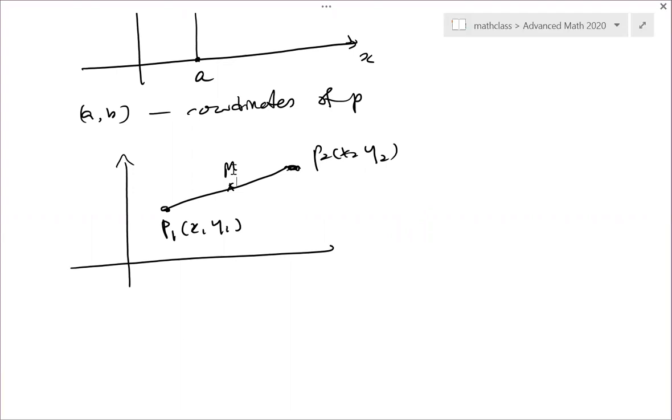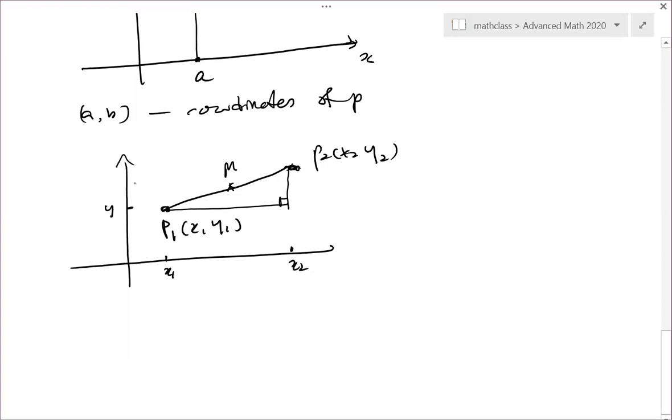How can we find the distance? Well, you have to express the distance between P1 and P2 in terms of the coordinates. So the idea is very simple. Apply the Pythagorean theorem. You draw a horizontal line, draw a vertical line, you get a right triangle. And then the distance between P1 and P2 is going to be the length of the hypotenuse. So this is x1, that's x2.